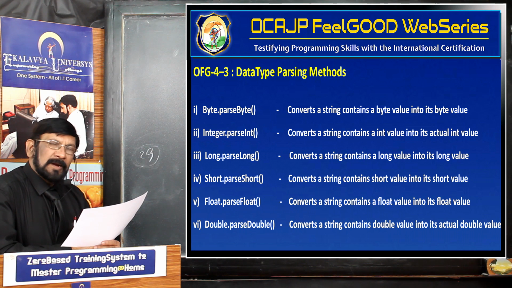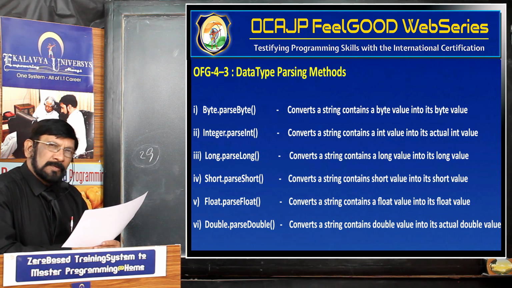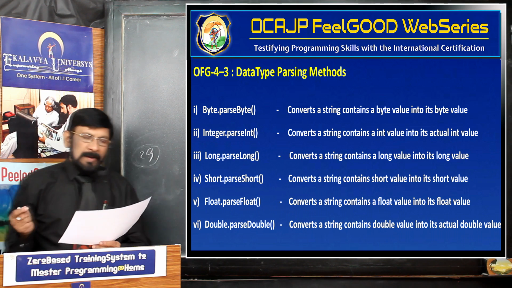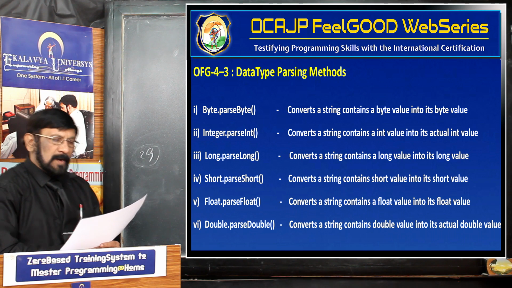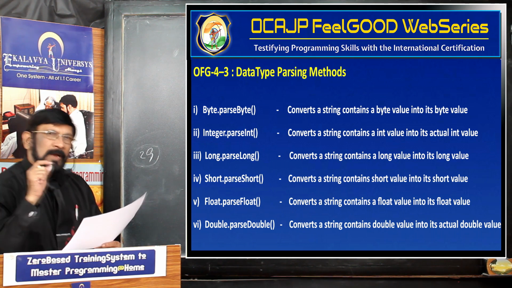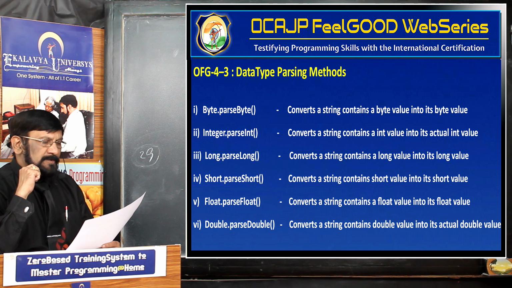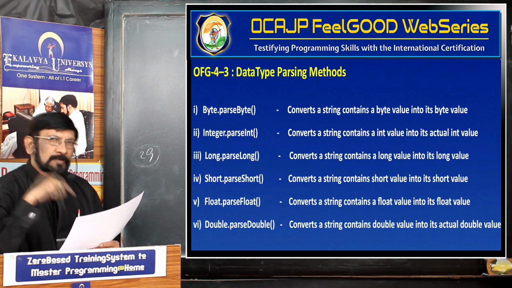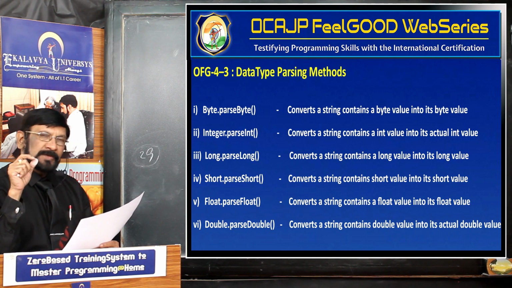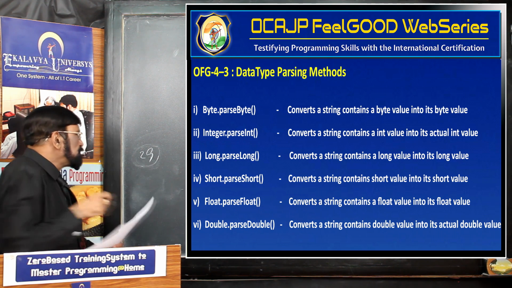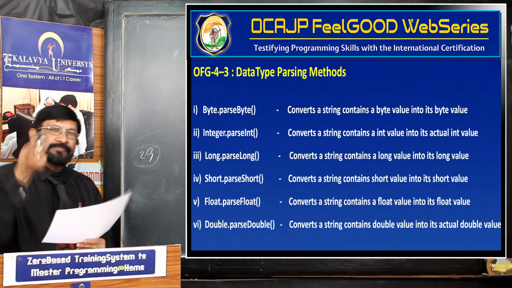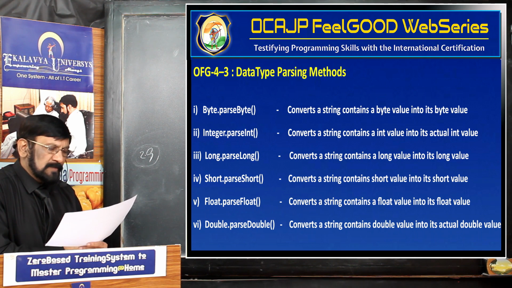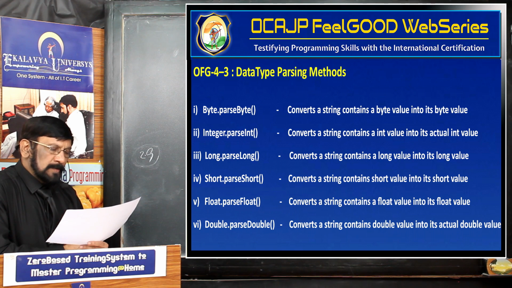Thereafter, Integer.parseInt: if an integer value is given as a command line argument, you have to use that. Thereafter, Long.parseLong, if a long value is given. Short.parseShort, if a short value is given. Float.parseFloat: if a float value like 2.9 is given, you have to use Float.parseFloat. If a double value is given, the parseDouble method you have to use.